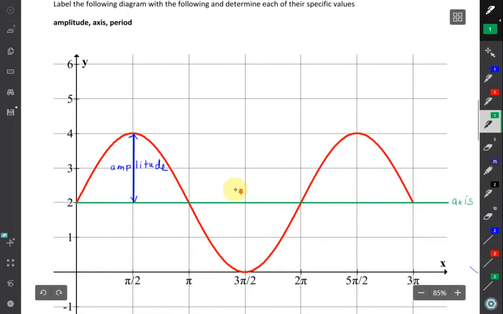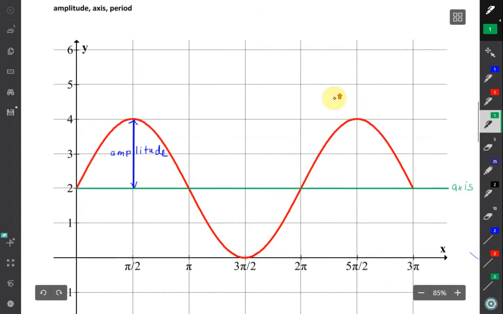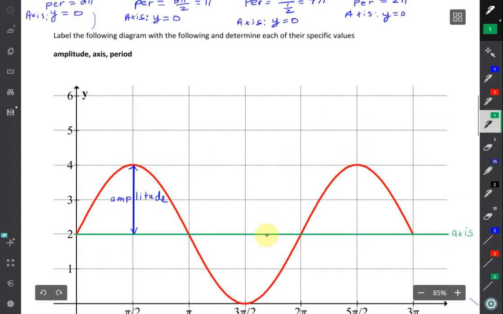And the period is represented from one point on the curve to a corresponding point on the curve where we've gone through all the possible values of y. So we could label this period at various points. I could start here and then follow that through and end here and show that as the period.